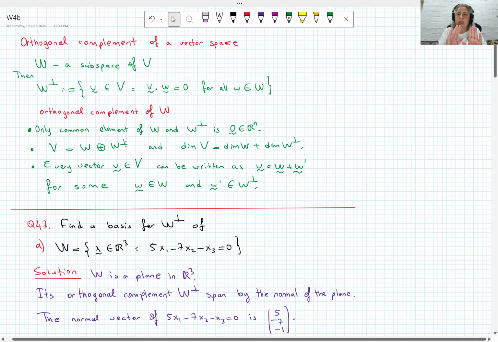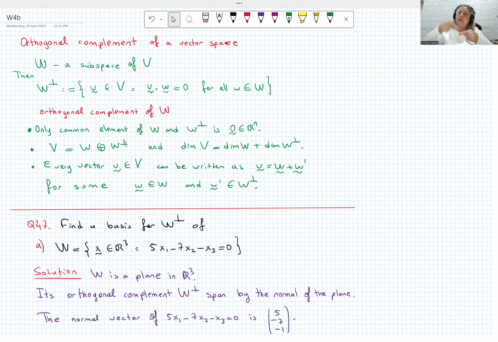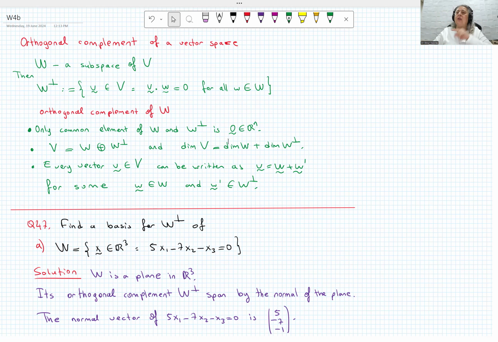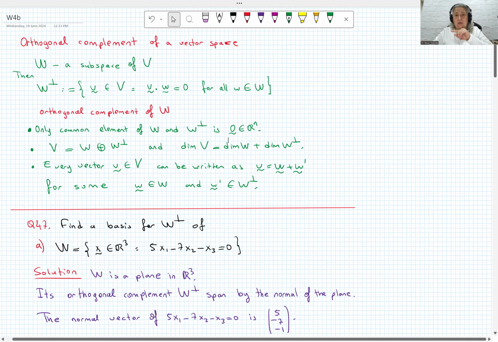There is no other intersection. So there is no dimension in the intersection because you have only one vector. If you have one point, there is no dimension. The dimension is zero. Okay, so that's a definition of a direct sum of vector spaces.